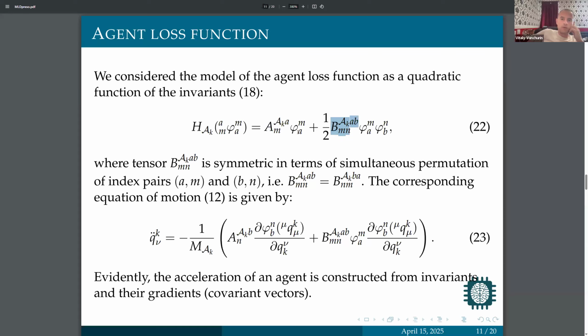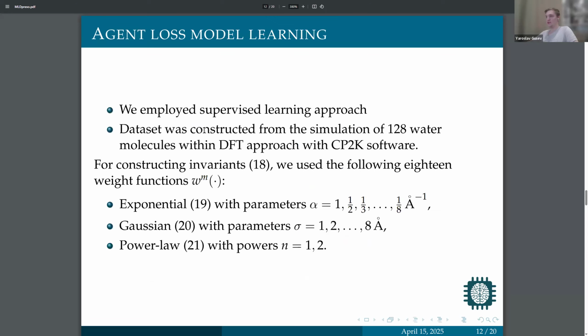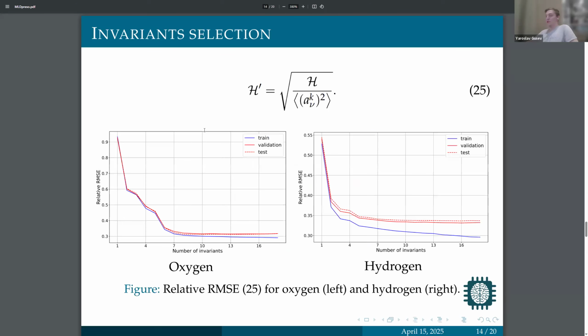So you're learning how agents learn. Yes, exactly. Within this picture, when we look at particles as learning systems, as agents, we try to figure out what their loss function is, which they minimize by moving in a certain way.